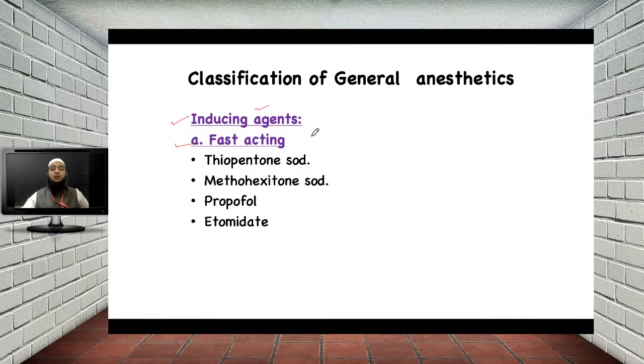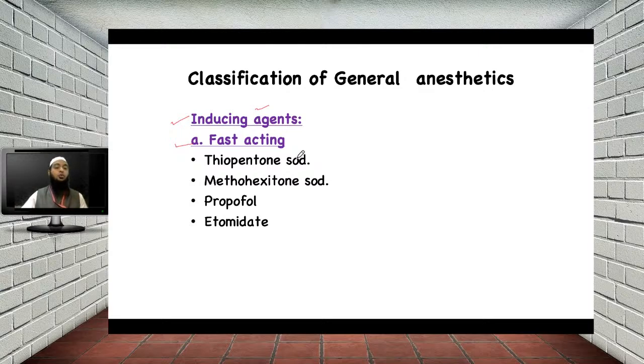Since these are fast acting drugs, they produce very instant action. A general anesthetic that does not produce quick induction of anesthesia and has a delayed response is not ideal for the anesthetist or for the patient.